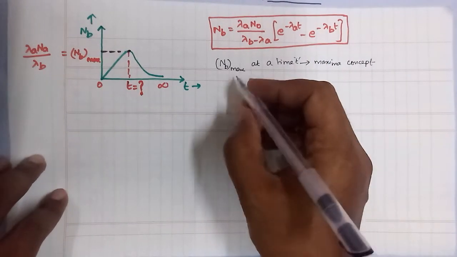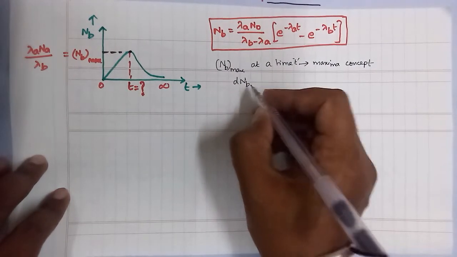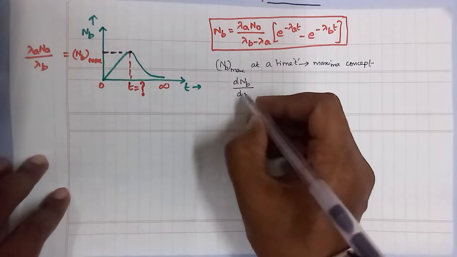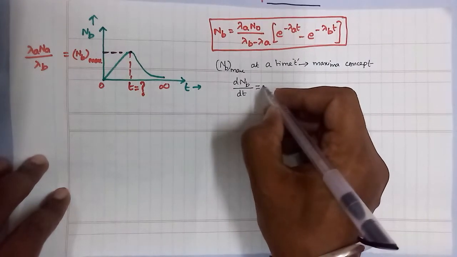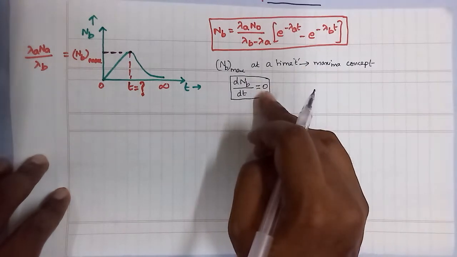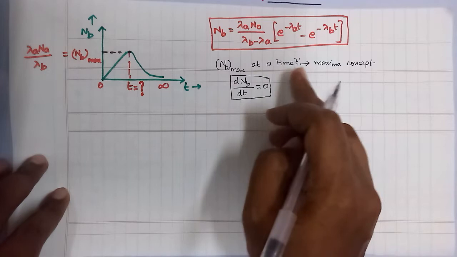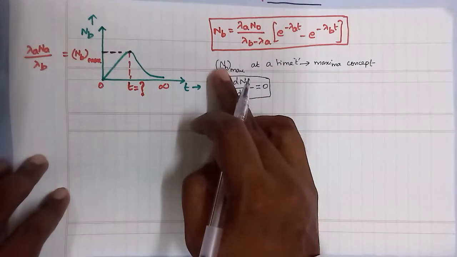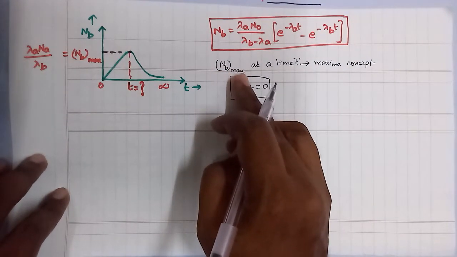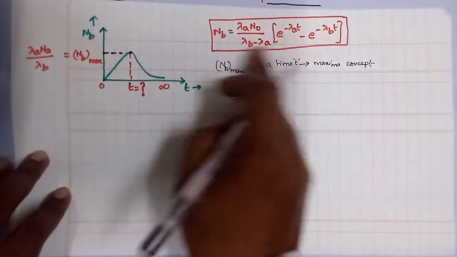When we differentiate the number of nuclei of element B with respect to time and equate it to 0, we can find the time T where the number of nuclei of B is maximum. Let us apply d by dt in this equation.